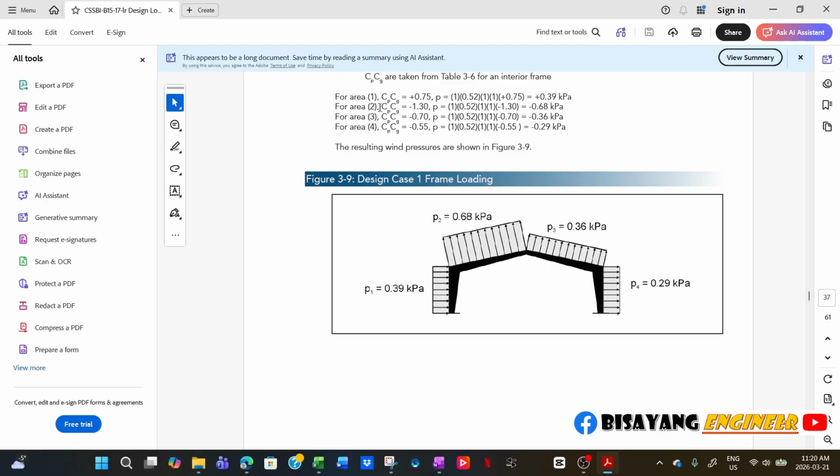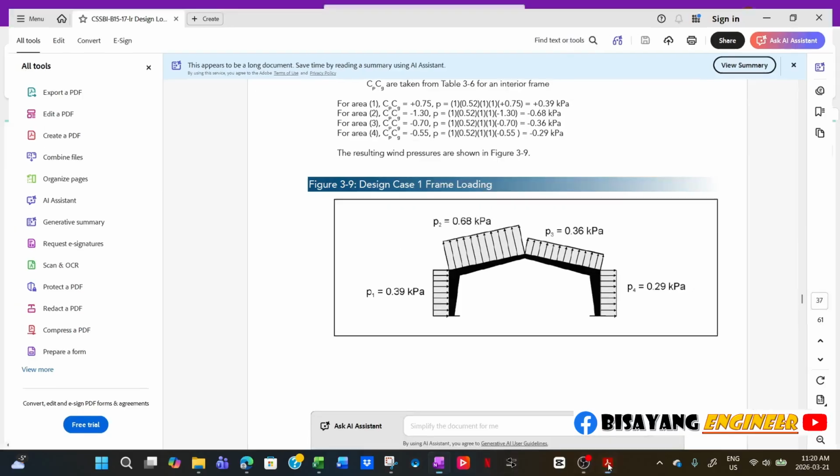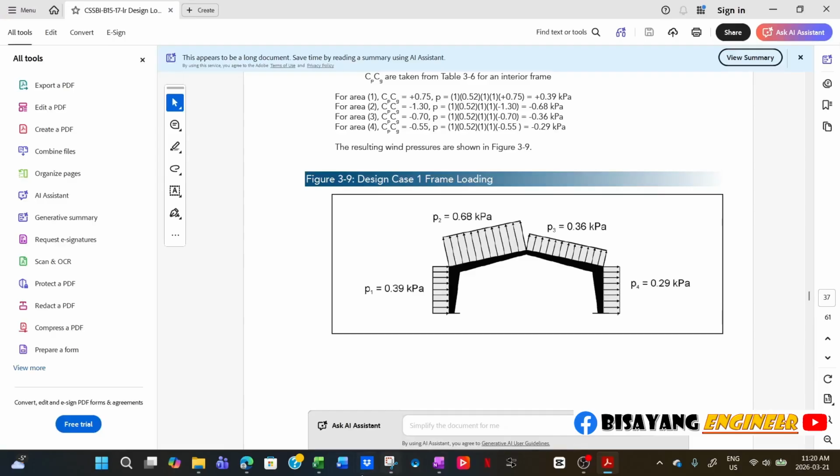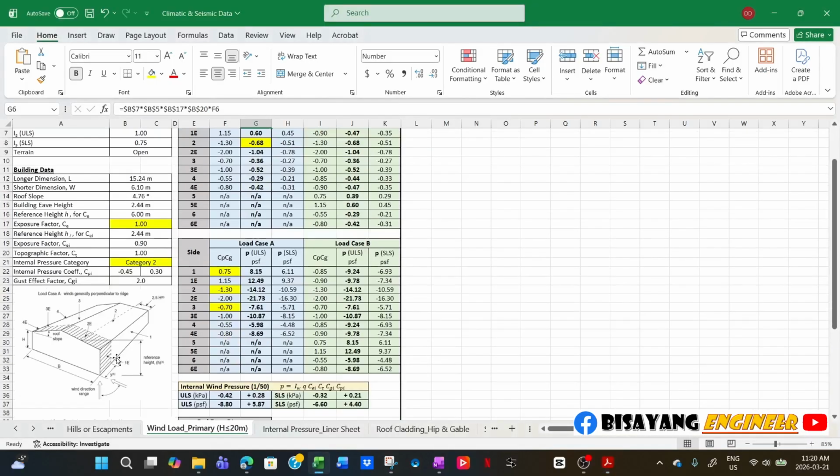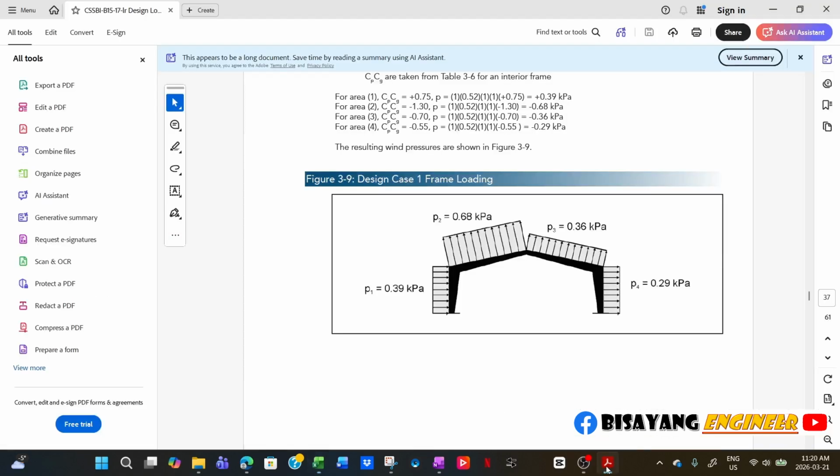From the diagram, this is area 1 here, area 2, and then area 3, and then area 4 on the back side or rear side, the leeward side, I would say. So if that's the case, one is positive, the rest is negative.